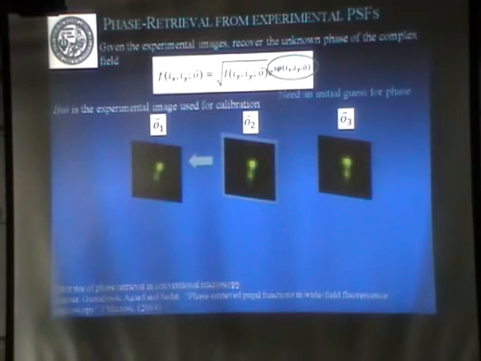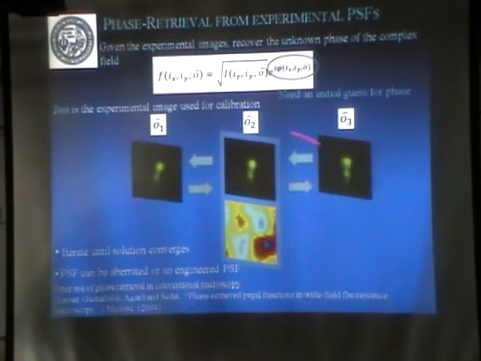Essentially you have the same amount of information, but you need to find the intermediate planes, and you do that with algorithms that iterate, and you can get the phase. Once you have the phase, it's easy to interpolate. So instead of taking 2,000 images, we take 20 or 10.